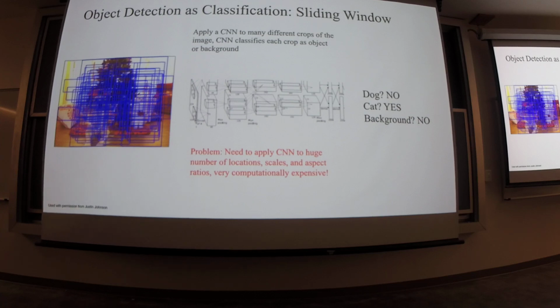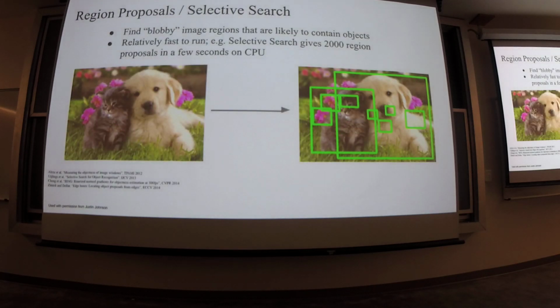So this feels pretty hopeless at first. If you start from a constructive way of doing it, like I'm going to try all the bounding boxes in all the positions that could go into the image, this is going to be really, really slow. So that's not how we're going to solve this problem. One of the first attempts at this was what's called region proposal, or selective search. There's going to be SS throughout some of these slides, and this SS refers to selective search, or this idea of region proposal.